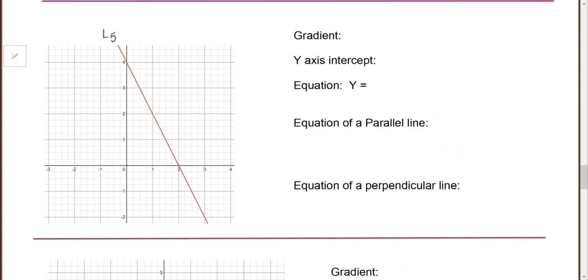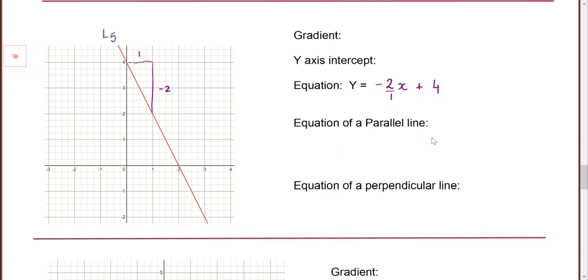Next one, the gradient of this line is 1 across and down 2, so the equation is y equals -2 over 1 if you like, x plus 4, good.